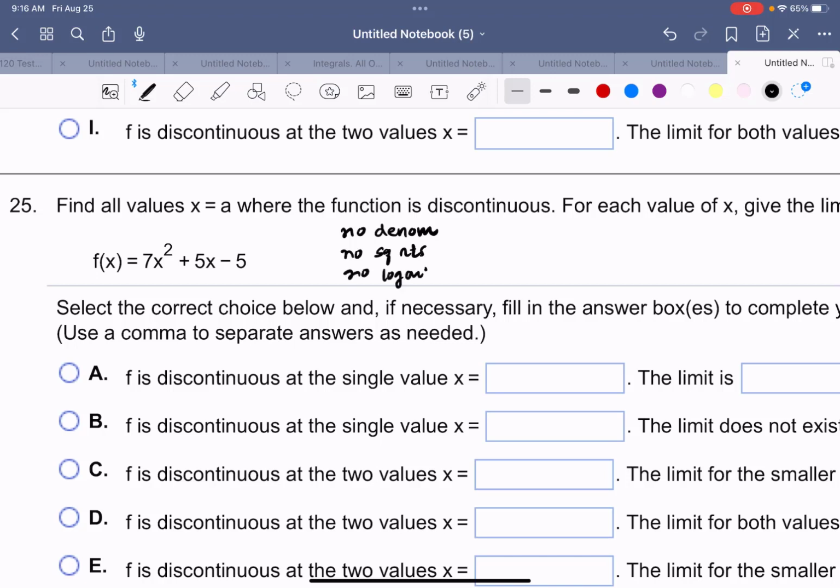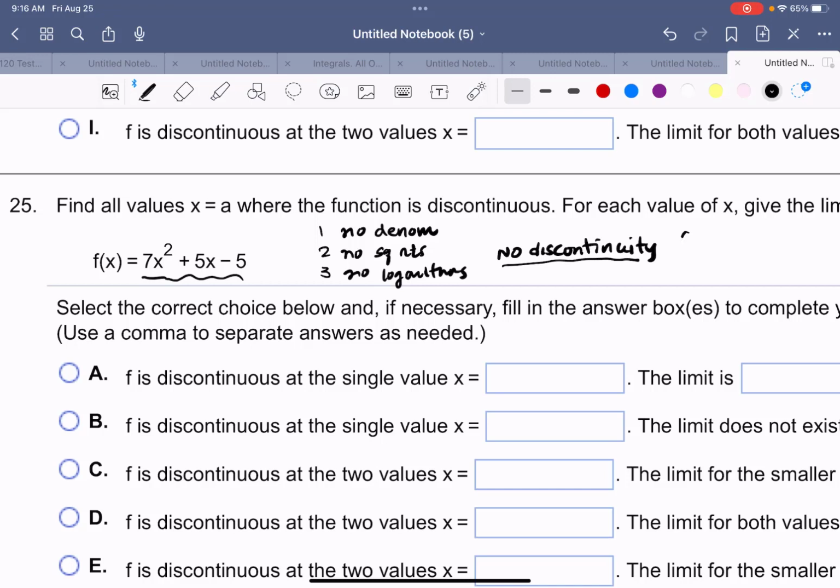So that means for us, there is no discontinuity. And that is going to be true for any function that's a polynomial function. So these three situations don't exist, therefore we have no discontinuities.